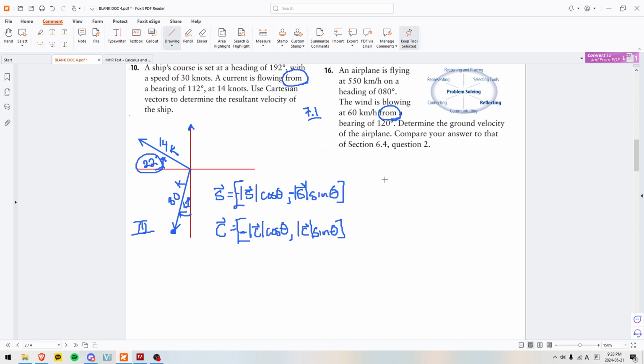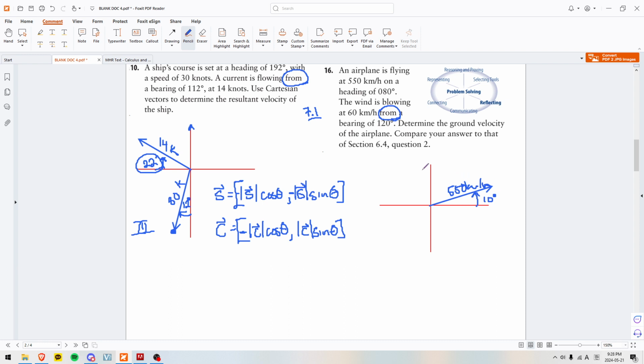Okay, so once again, it's so much easier to visualize if you can sort of just sketch it out. So that's what I'm going to do. It's a heading of 80, so it's gonna be something like that. Okay, and this is 10 degrees, 550 kilometers per hour.